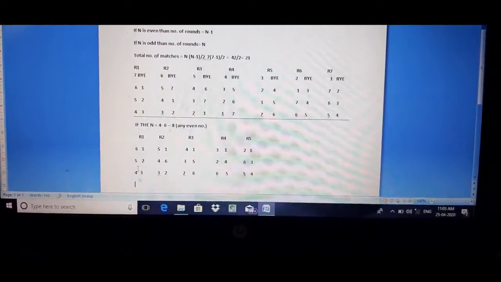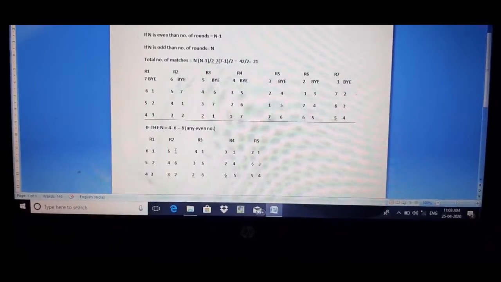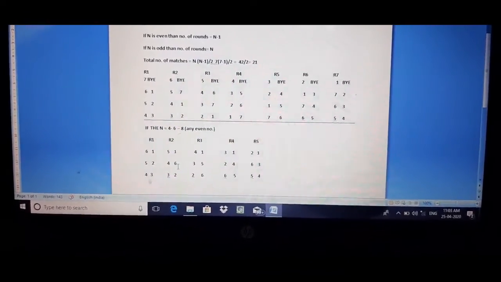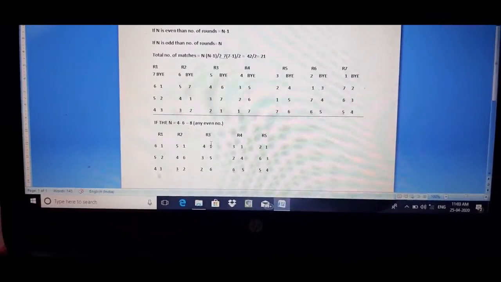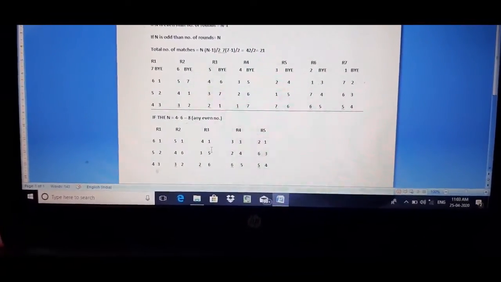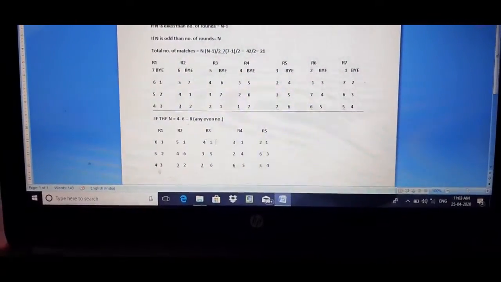So 1 is constant, then goes 2, 3, 4, 5 and 6. In round 2, 1 is constant, 6 has come down, then 2, 3, 4 and 5. Round 3, 1 is constant, 5 has come down, then 6, 2, 3, 4, the same sequence goes on.